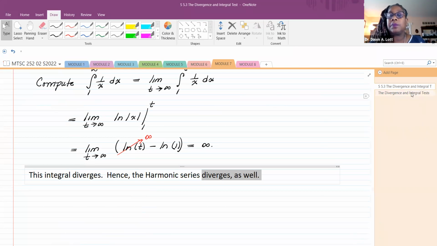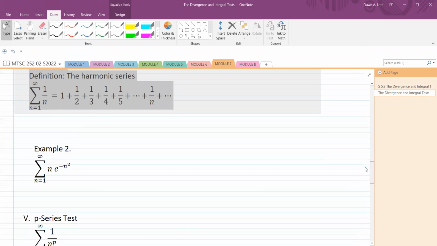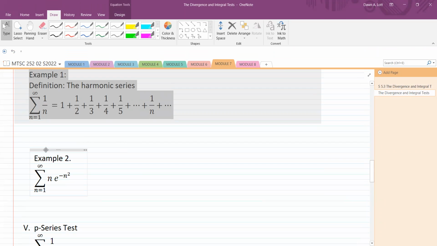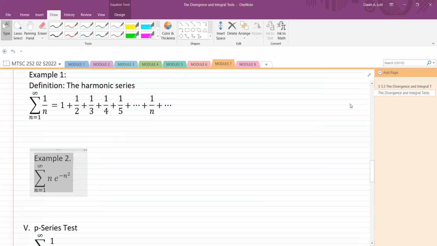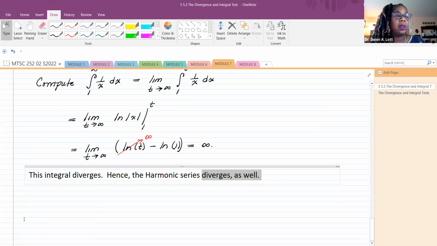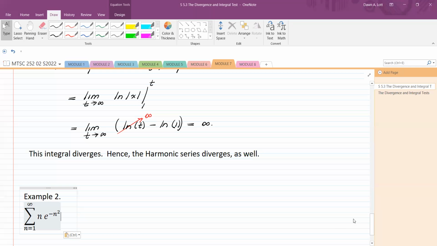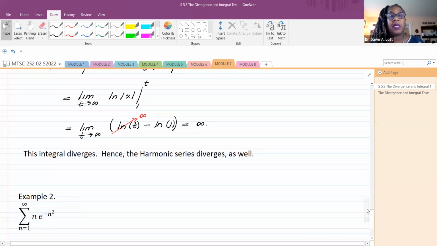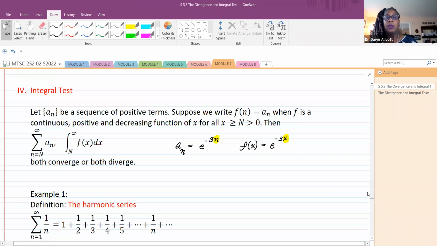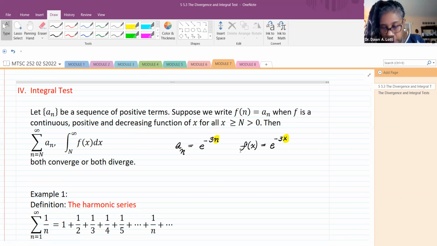Okay, I have a question about what we started with. Yes. At the top, we made a sub n equal e to the negative 3n. Why is it equal to e to the negative 3n? The f of x here? Yes. Okay. Because I am trying to write f, whatever it looks like.